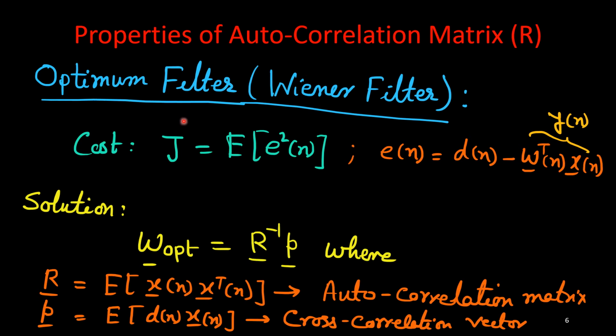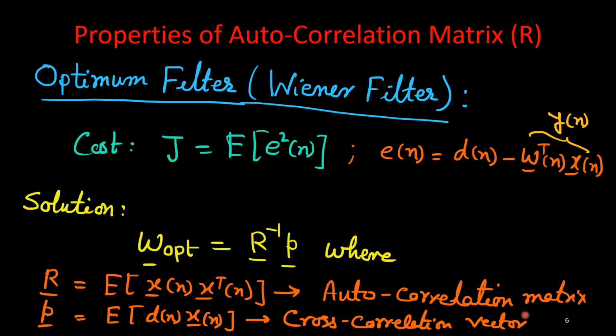We have already discussed this Wiener filter in previous lectures, so if you have some confusion, you can go through that lecture. The solution we obtained is that the optimum filter W opt will be R inverse times P vector. Here R is the expected value of Xn and X transpose n, and this we will call the autocorrelation matrix.